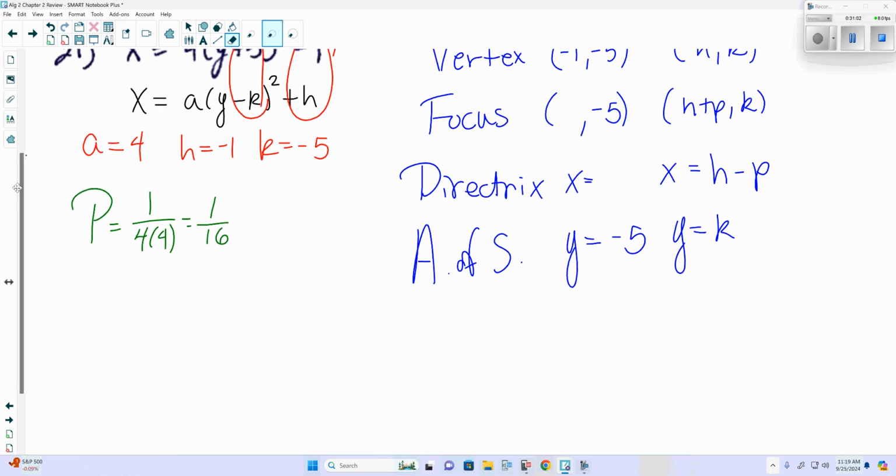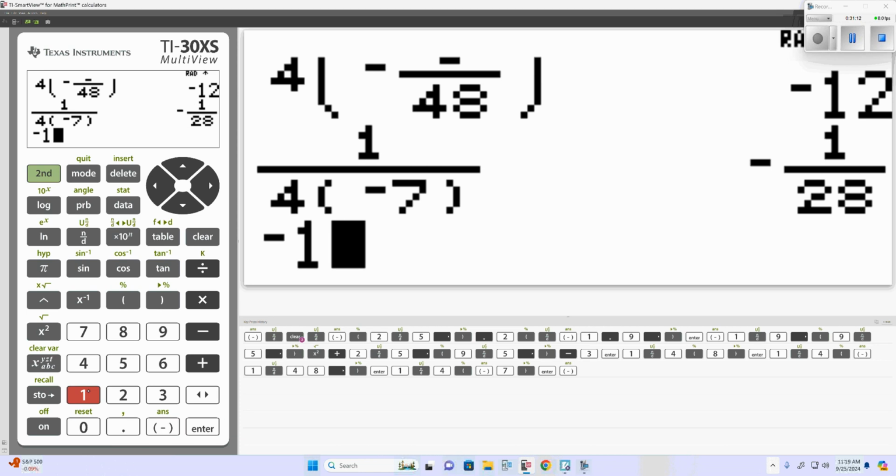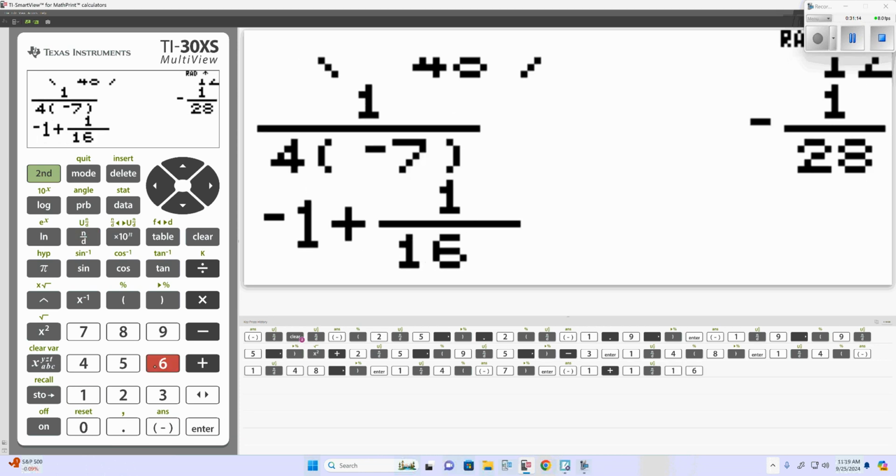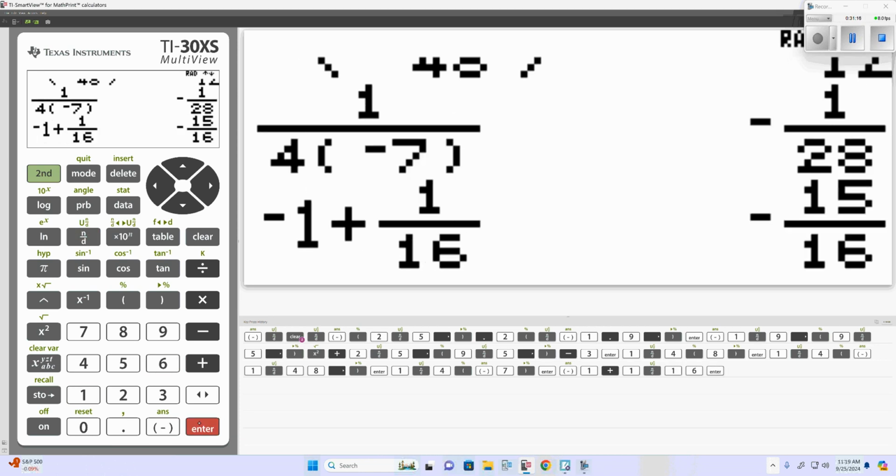H plus p we can do first. H plus p would be -1 plus 1/16. Just grab a calculator, let it do it for you. -15/16.